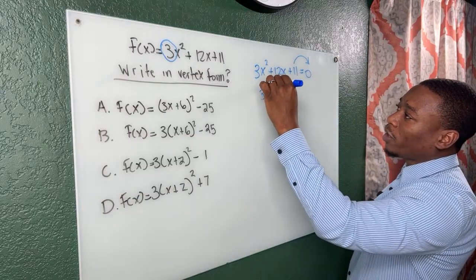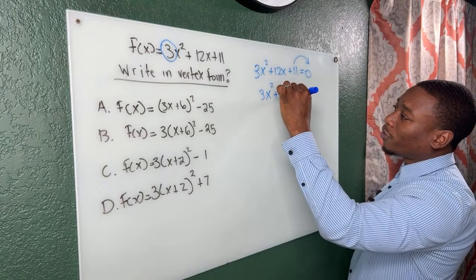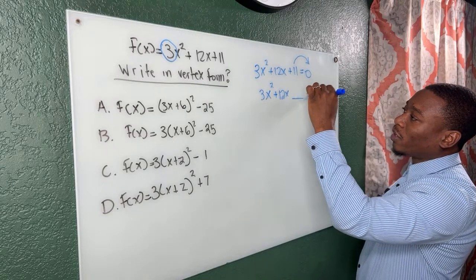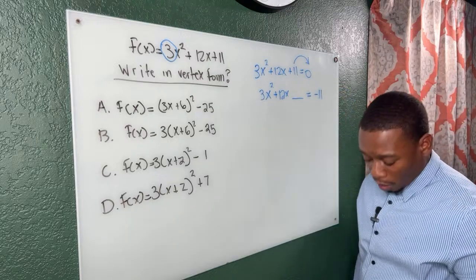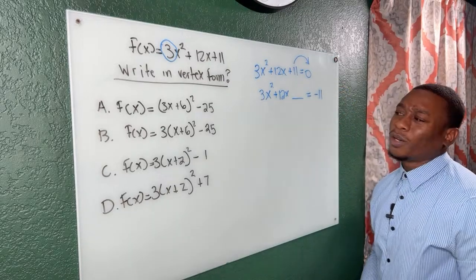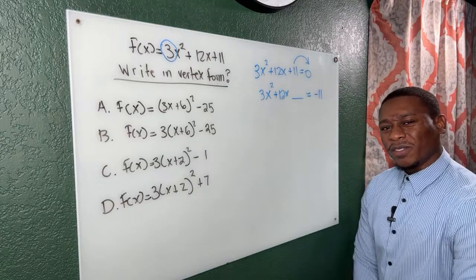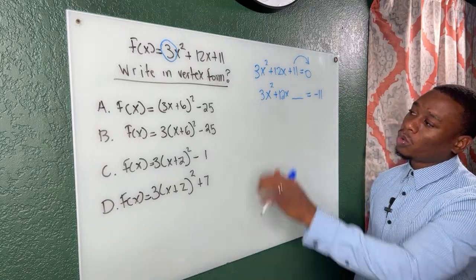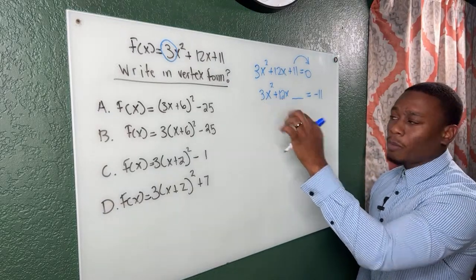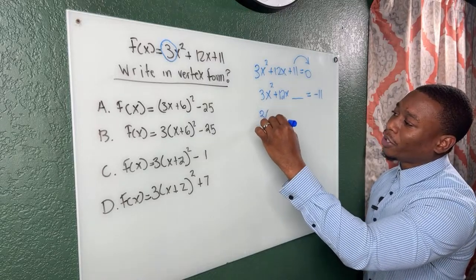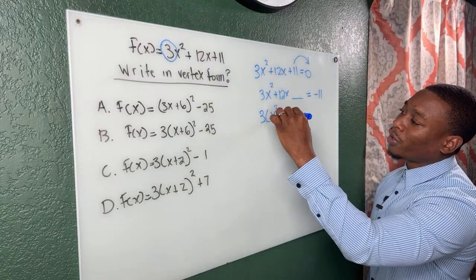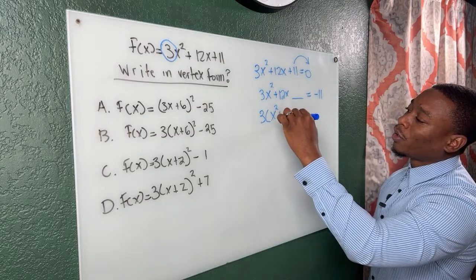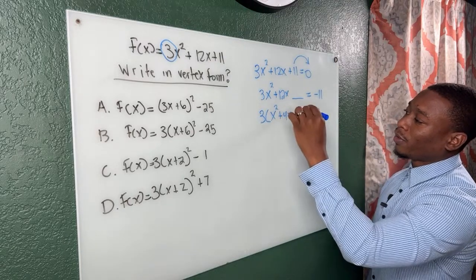So I have 3x squared plus 12x plus something is equal to negative 11. And at this step, what students always fail to realize is to take out the greatest common factor. So when I take out 3, we have x squared plus 4x, right?